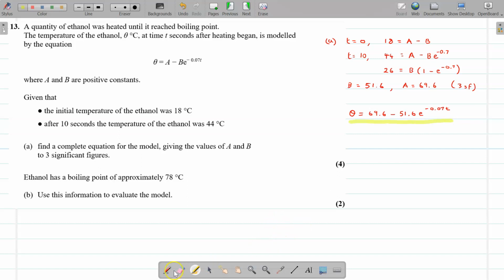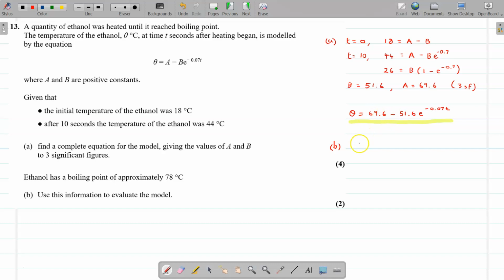Okay, for part B, we've got to evaluate the model when theta is 78. Now what we've got to do is set theta to 78, and I'm going to rearrange it.